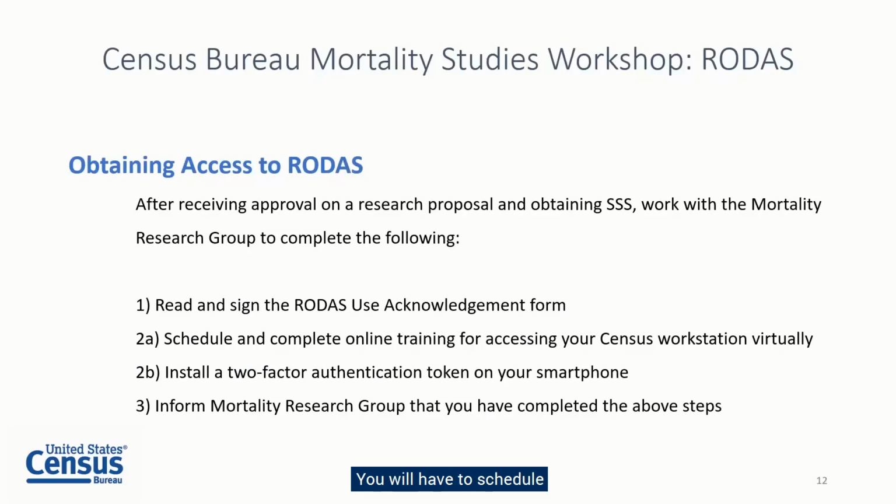You will have to schedule and complete online training for access to our Census Bureau workstations virtually. And you will have to install a two-factor authentication token on your smartphone. And once you've completed these, then you will be asked to inform the Mortality Research Group that you have completed the above steps.